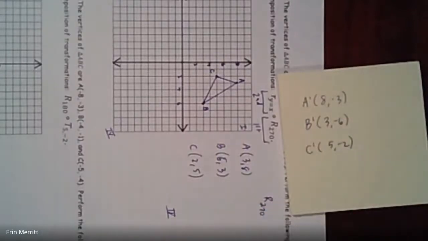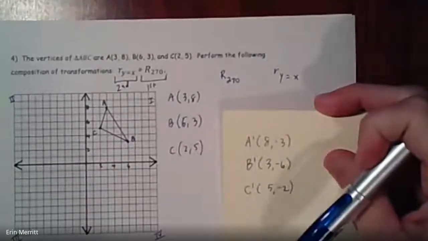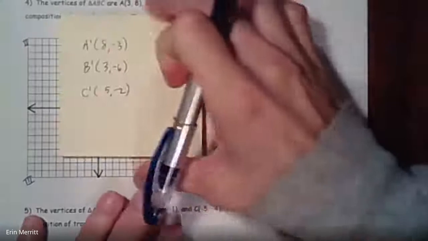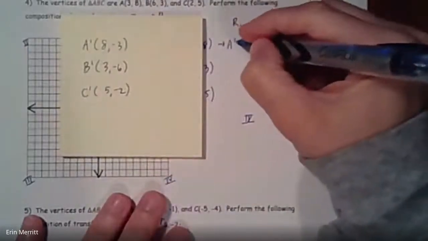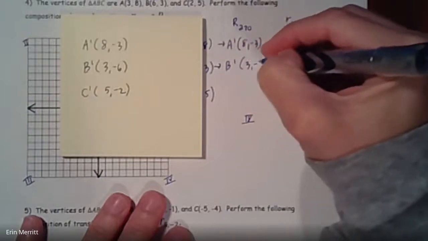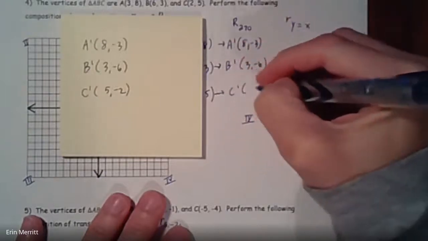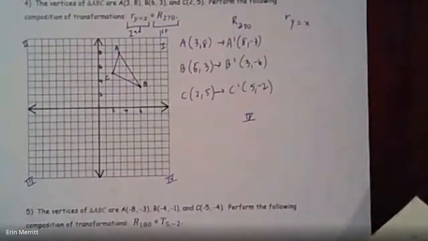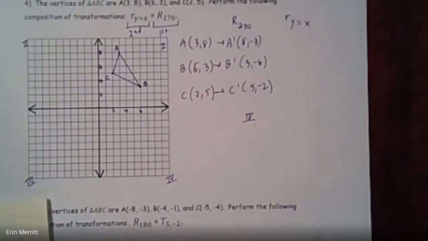Okay. When I turn my paper back, if I really wanted, I could just put my Post-it down here, but I'll copy down those values. So I've got A prime as 8, negative 3, B prime as 3, negative 6, and then C prime as 5, negative 2. Now, could I have just turned my paper and written those down? Sure, I just don't want to make you guys dizzy while you're trying to watch the video.